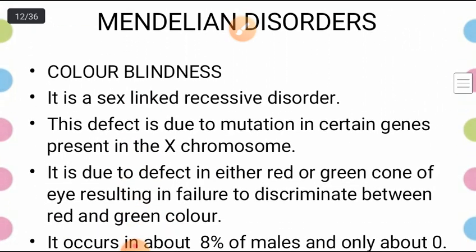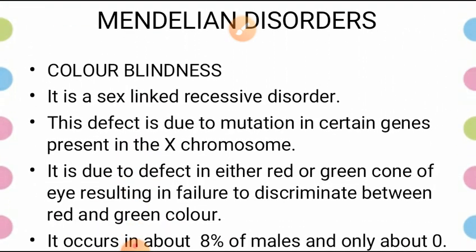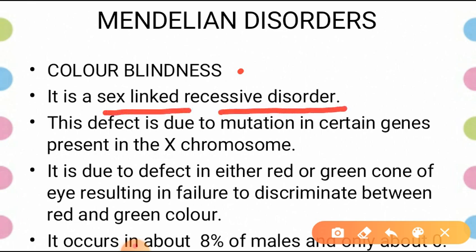So let us study the Mendelian disorder first. One example for Mendelian disorder is color blindness. Color blindness is an example of a Mendelian disorder and it is a sex-linked recessive disorder. Why are we using the word sex-linked here?